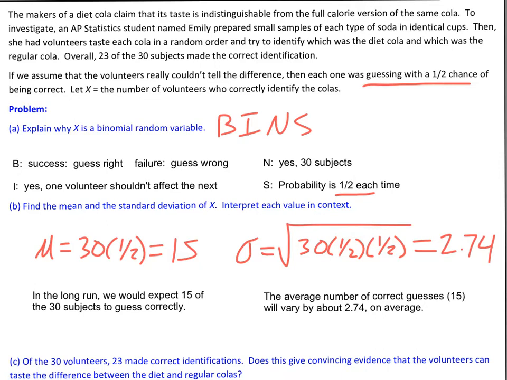So if our volunteers are guessing, on average it should be around 15, but we'd expect that to vary by about 2.7 guesses if this experiment was done repeatedly. Now remember, we were up at 23.